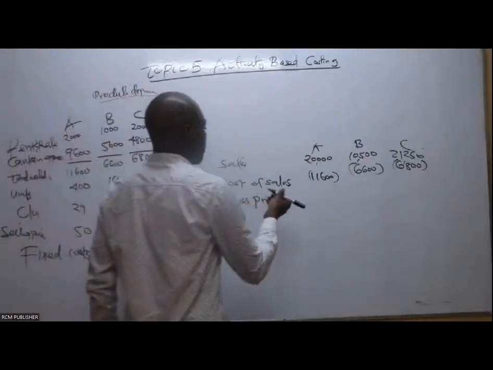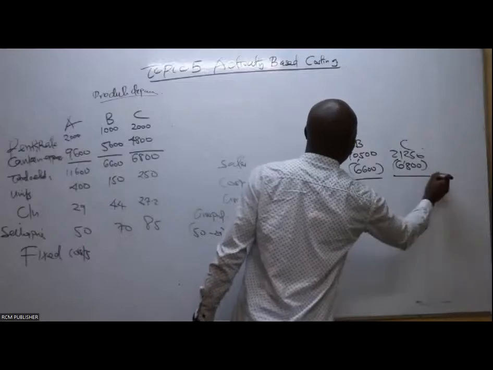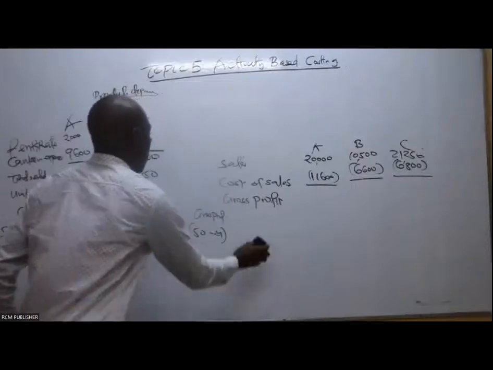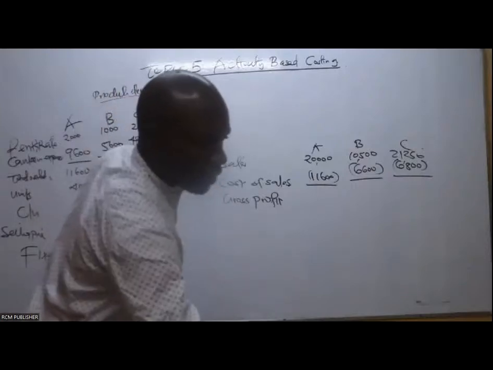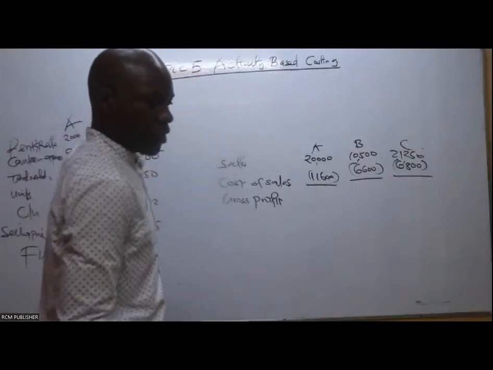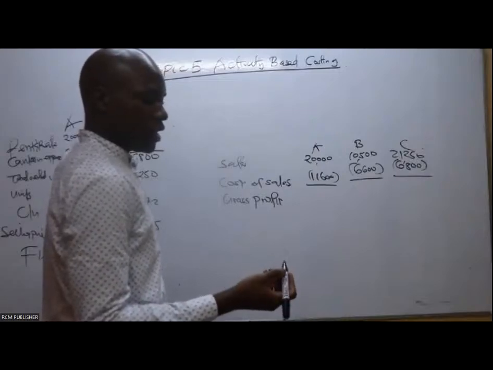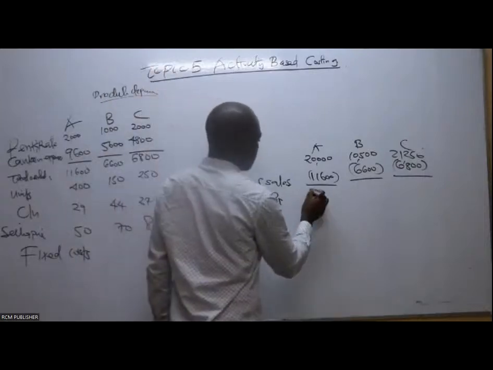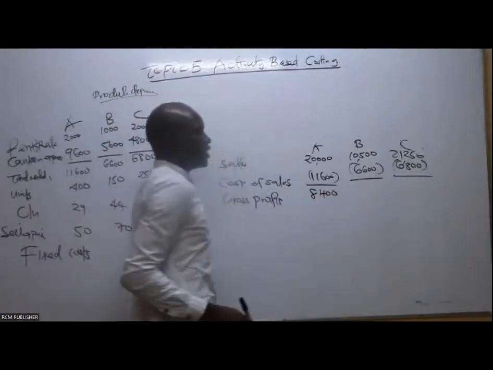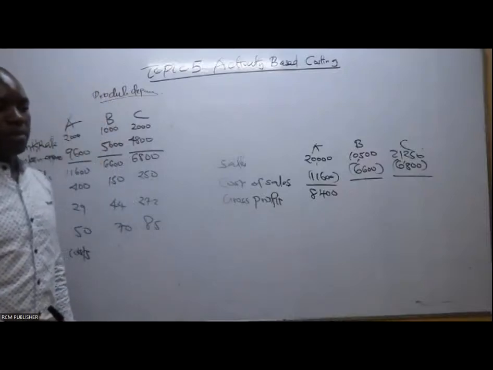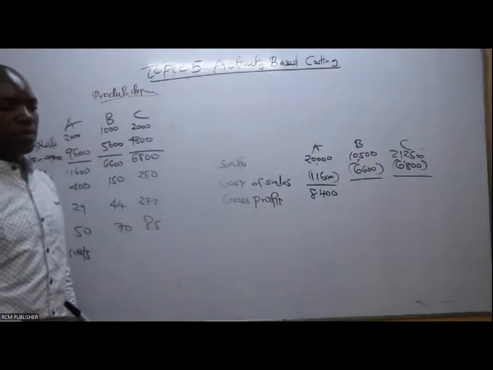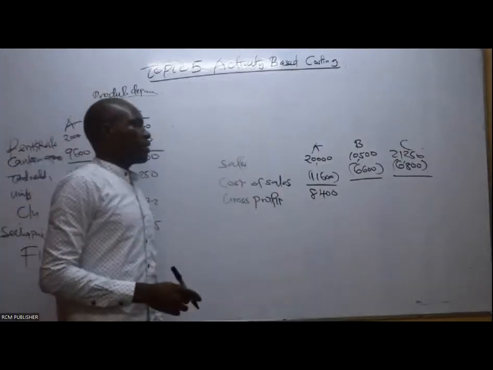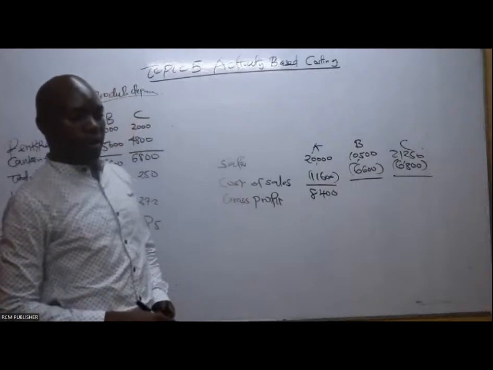Okay. Let us get gross profit. So for department A, what gross profit do we get? 8,400. Department B: 10,500 minus 6,600.